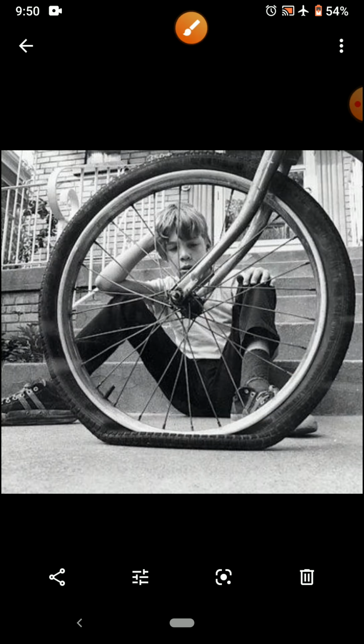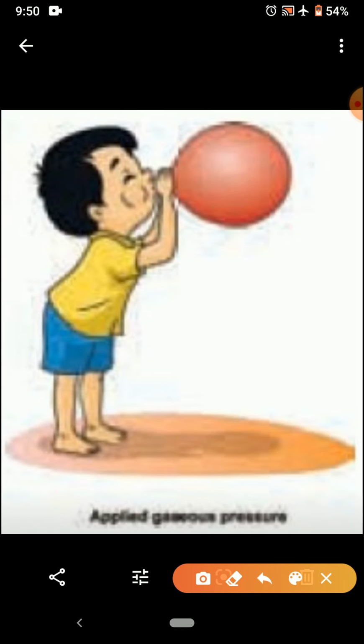To understand this, take the example of the balloon. This is an inflated balloon, but when the balloon is deflated, and there is no air inside it, it is the size of this. It's a piece of thin rubber.